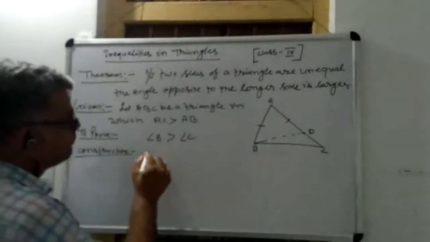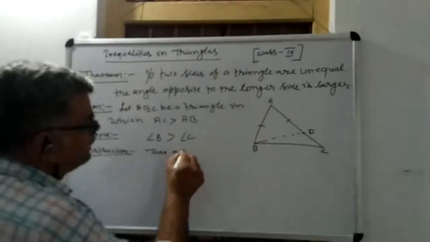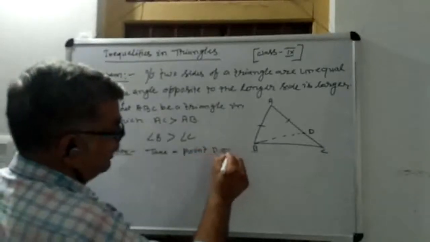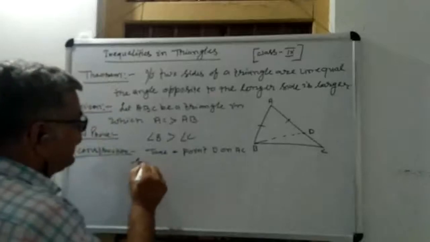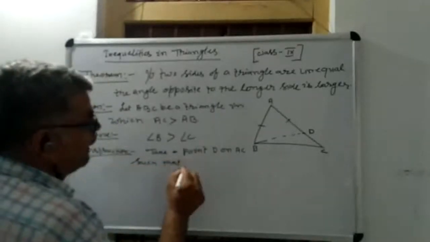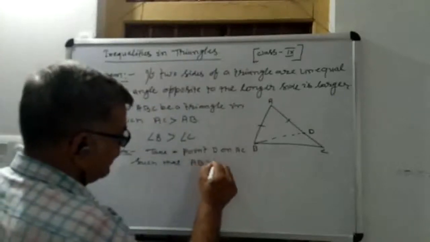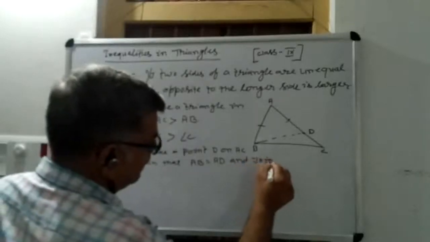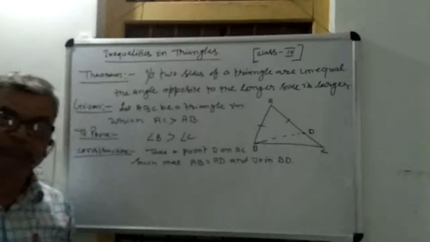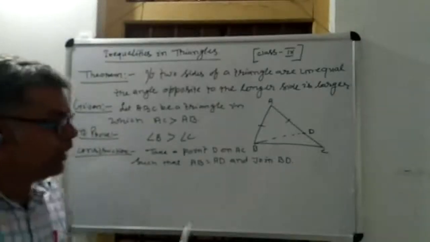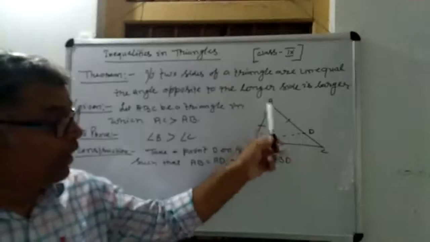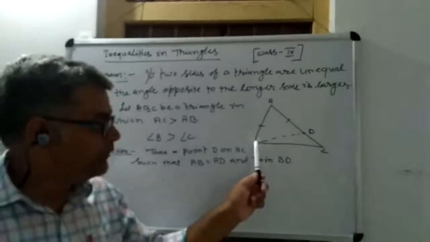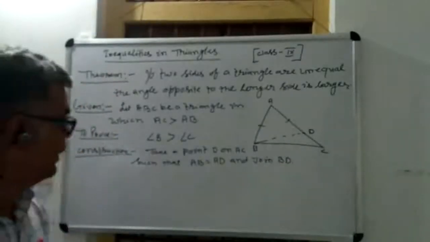Take a point D on AC such that AB equals AD and join BD. Now what we have done? We are taking a point D on AC such that AB equals AD and thereafter we join BD. Now let's see the proof.